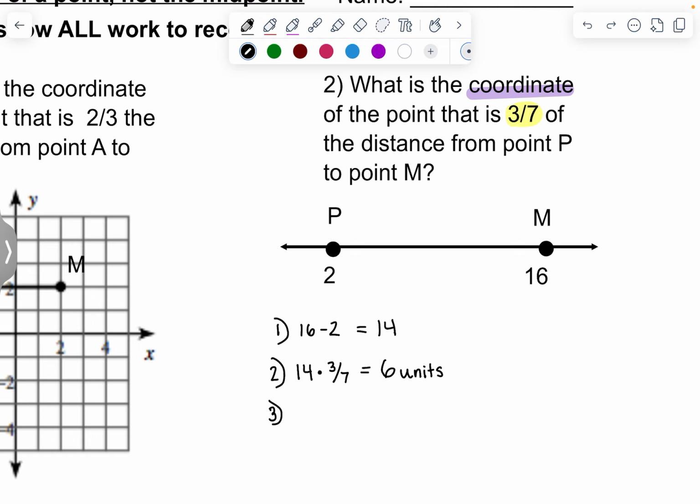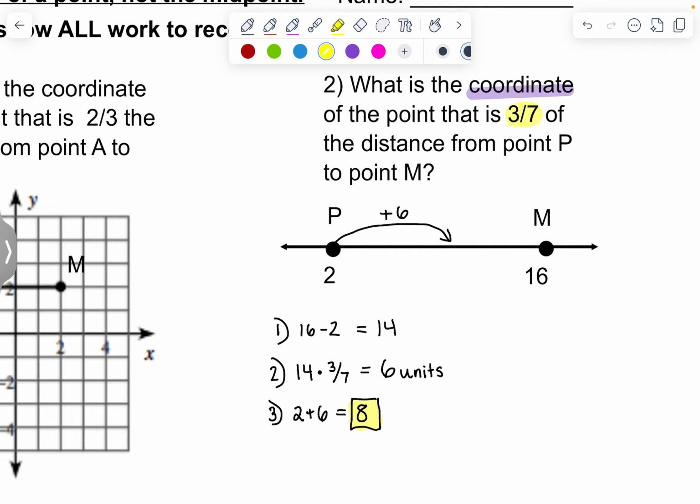So we're going to start at 2 and go over 6 units, plus 6 units. And so what is 2 plus 6? Well, that would be 8. And 8 is our final answer. We're not going to put units here. That would be wrong because 8 is this coordinate. It's the location. All right, so our answer is 8.